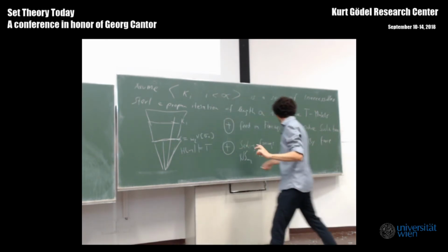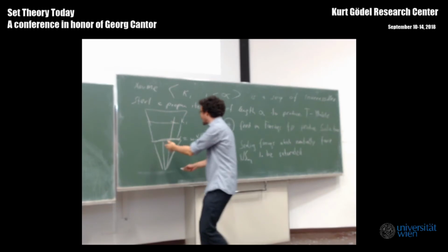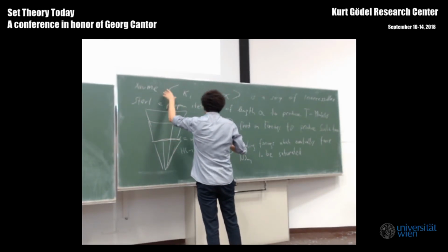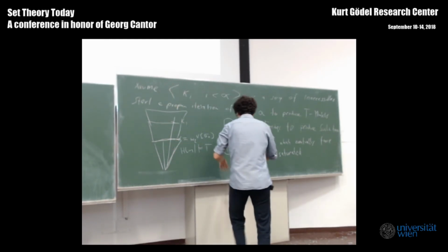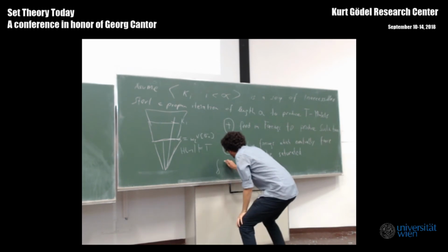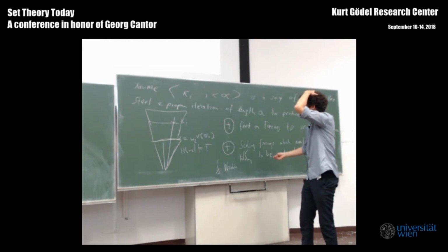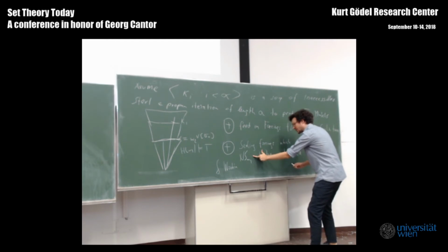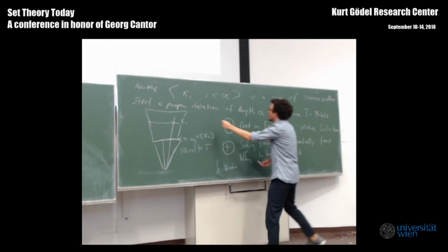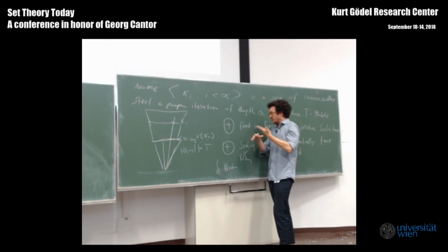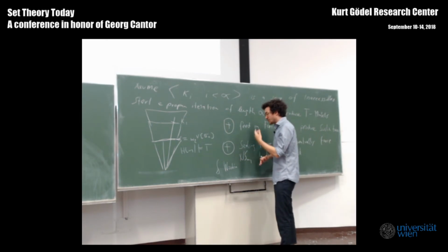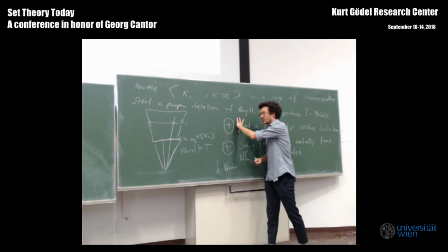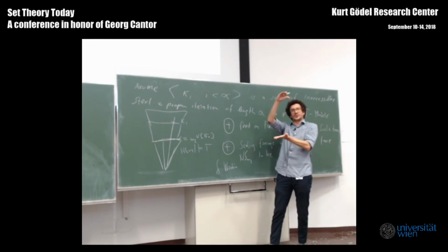So we do these three forcings, and we do this with length delta, where delta is our Woodin cardinal. Yes, another technical point I forgot to mention. The forcing to make the non-stationary ideal saturated is in fact only semi-proper, so we can't really do a countable support iteration. We need an RCS iteration. And it's even worse, because we want to keep all the Suslin trees we create along the way.